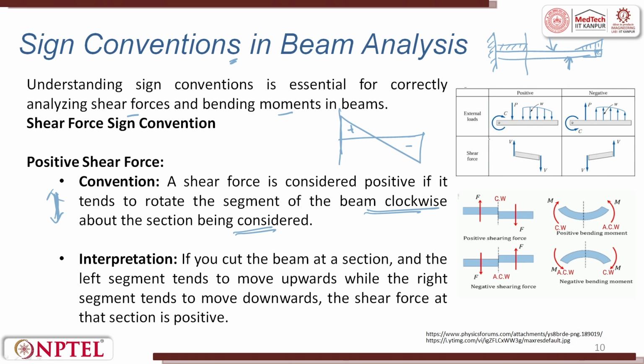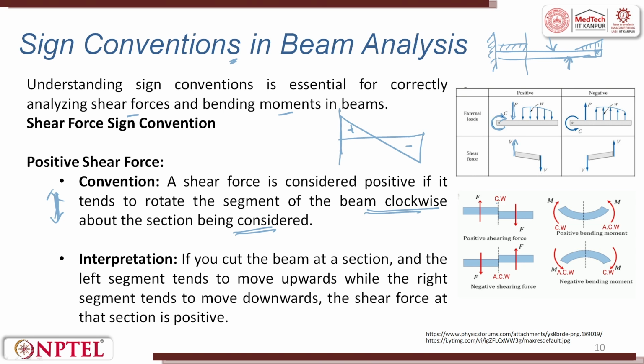For example, when we try to see positive and negative shear force, when the external loads are applied like C or P or like R on a beam, the shear force will be positive at the point P and at the point V, you can see there, right. So, when we take a section of it, you see that one force goes up and the other goes down.